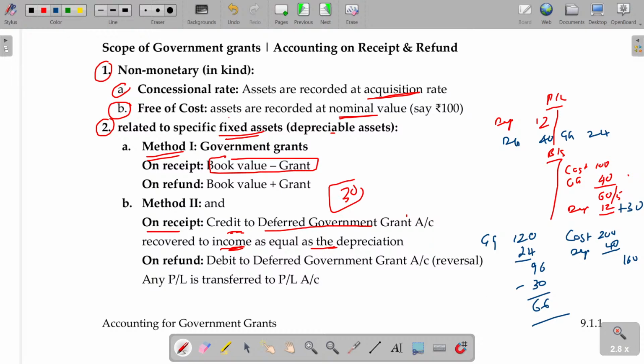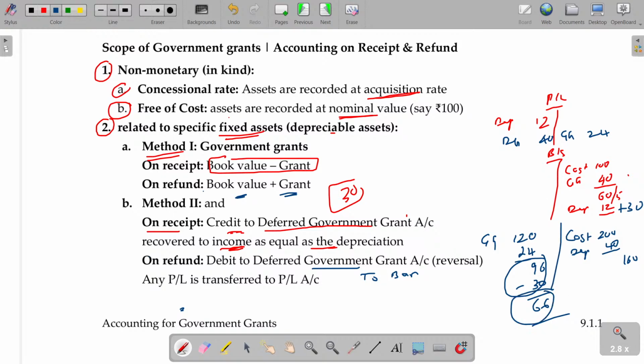Any amount refundable is added to the book value of the asset under the first method. Under the second method, the deferred government grants you have in the liabilities will be reversed: deferred government grants to bank. Any balance is transferable to the P&L.